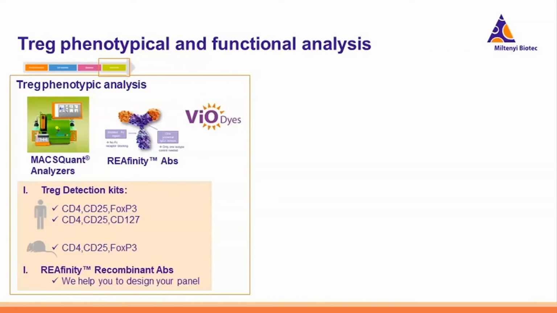Besides a proper flow cytometry machine, you need to choose first high quality antibodies, and the second important point is choosing the correct panels of antibodies.